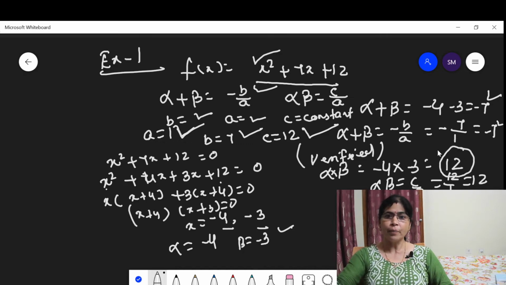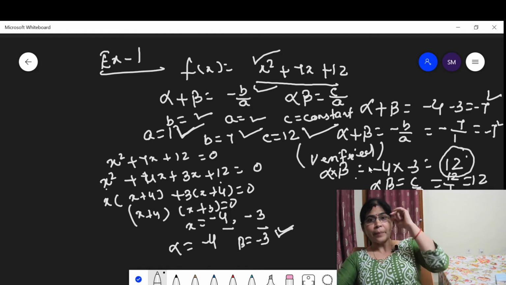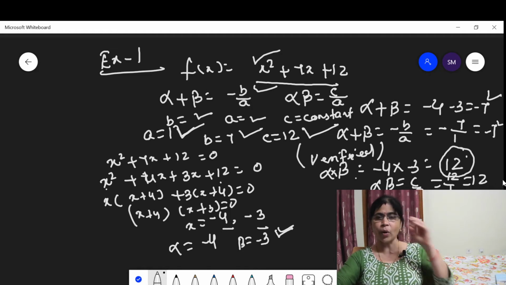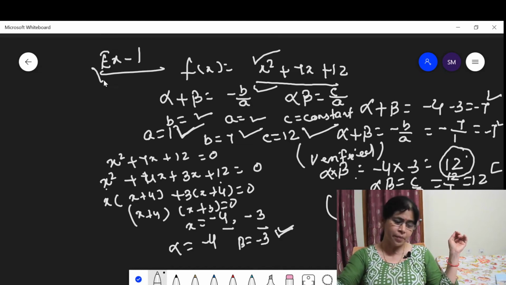By applying the formula alpha beta is equal to c upon a, we get 12 upon 1 means 12, hence verified. Hence we verified these two identities for the given question.